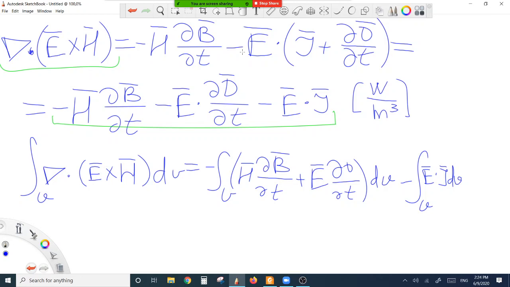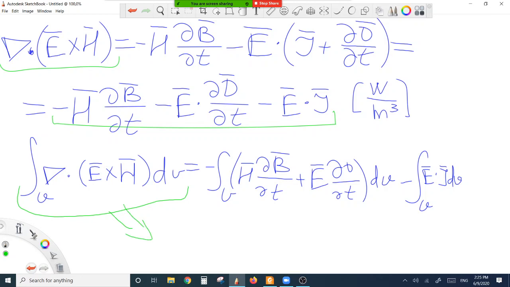And so the left hand side of our equation can be transformed into a surface integral using the divergence theorem.